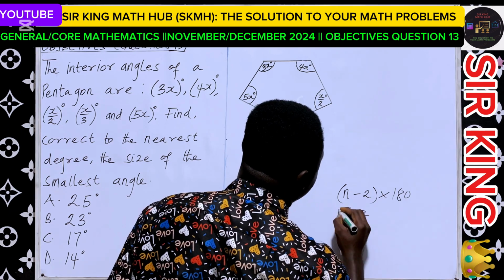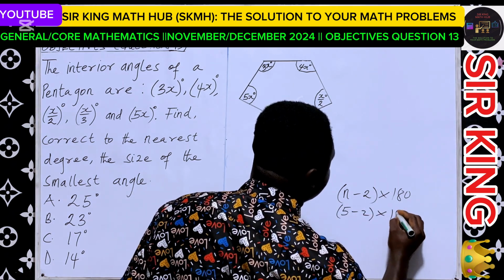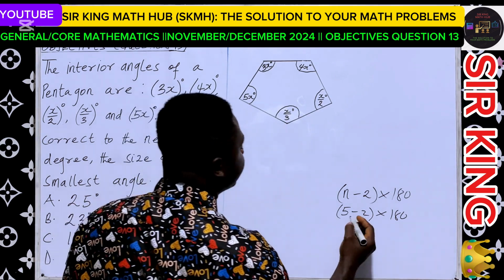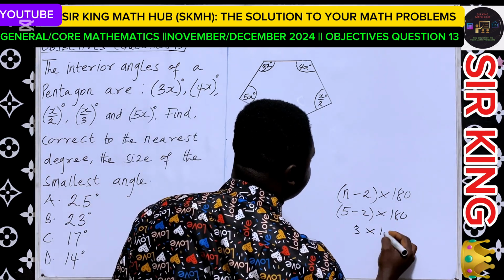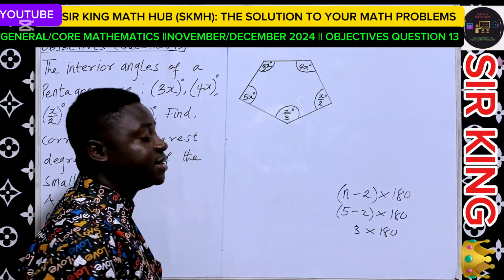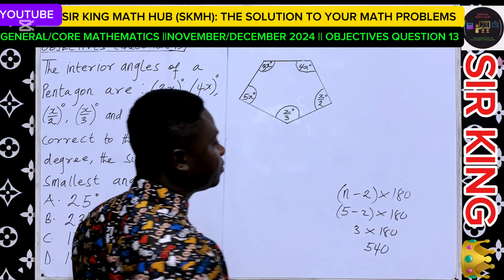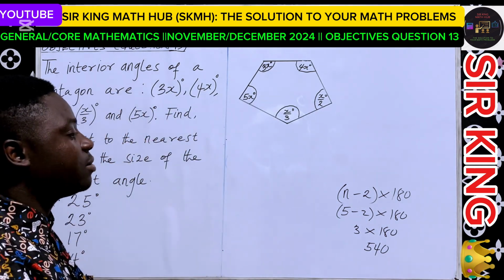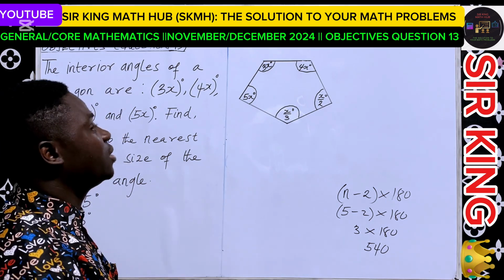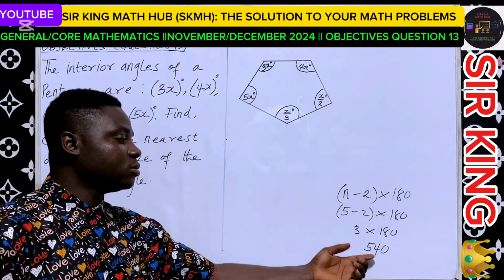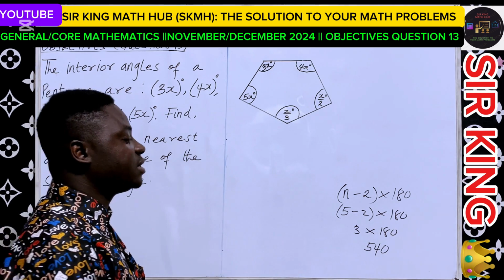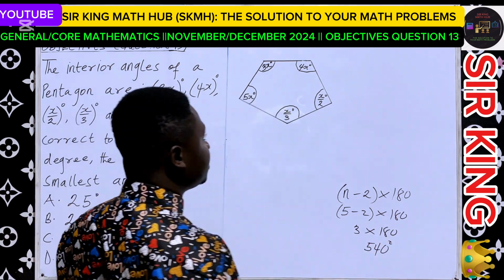Substituting 5 into the formula, 5 minus 2 is 3, then 3 times 180 is 540. So the sum of the interior angles of a pentagon should be equal to 540 degrees.